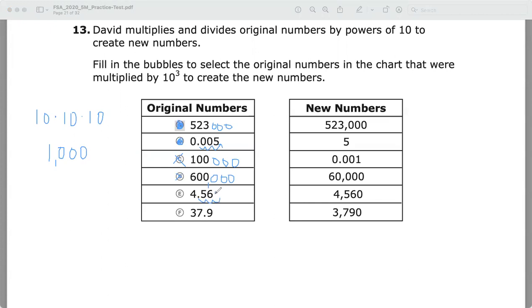I have to add a 0 as a placeholder. So 4,560, yes. And again, move the decimal point 3 spaces, 1, 2, 3. Add 2 zeros as placeholders. 37,900. No. That was all you had to do for this problem. How did that feel?